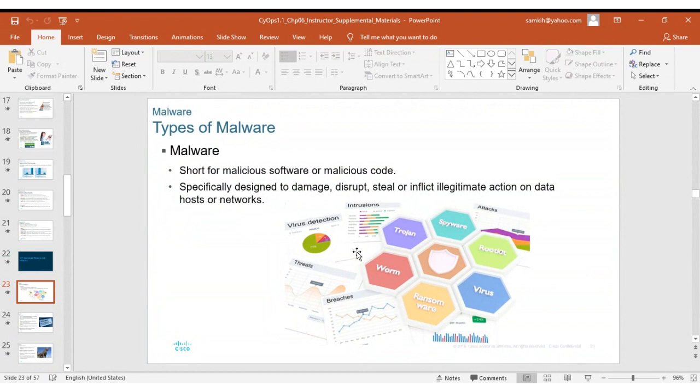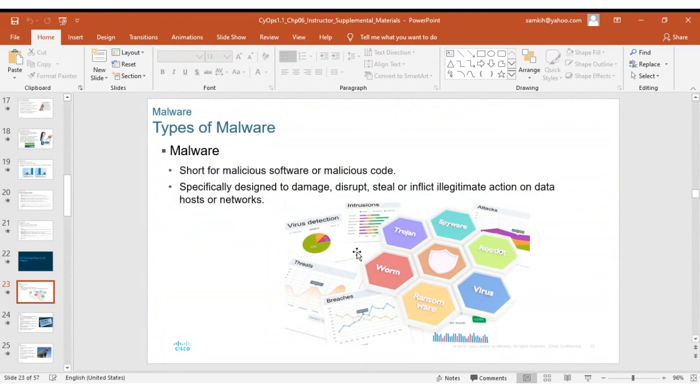They just post, click here to gain something, or click here to do something. So these are codes normally used to exploit vulnerabilities, and they are shared online. They are specifically designed to damage and disrupt, or even steal, or inflict illegitimate action on a data, host or network. They are used to gain access to a system.